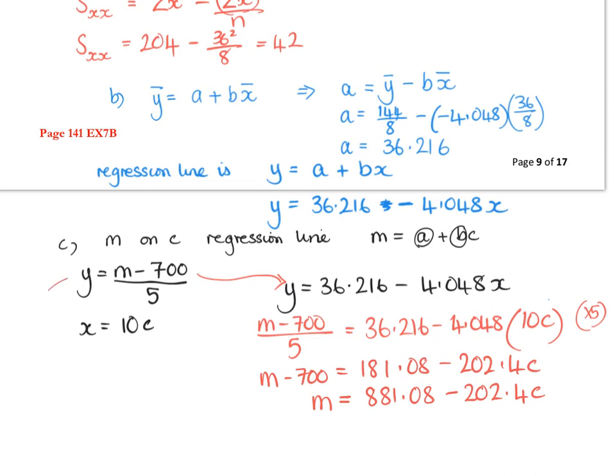So the coding was given at the beginning, these. So those there, that's the code for y, that's the code for x. And then when we get a regression line of y on x, then we just take our codes and we pop them in for y and for x. And then it's just a case of manipulating, rearranging equations.